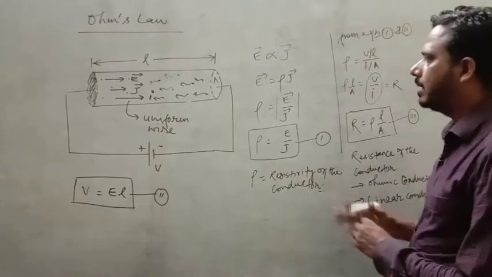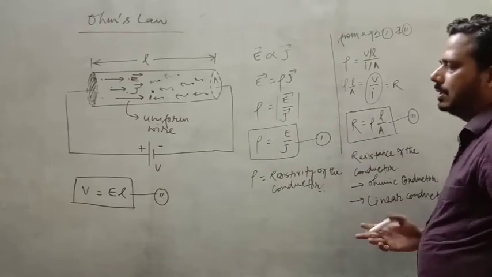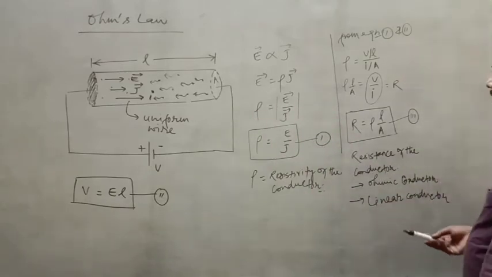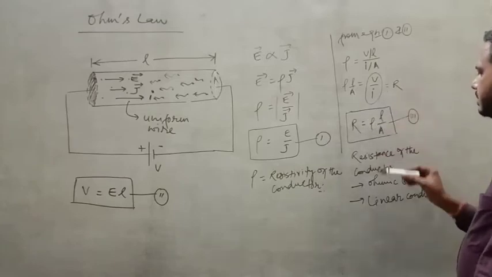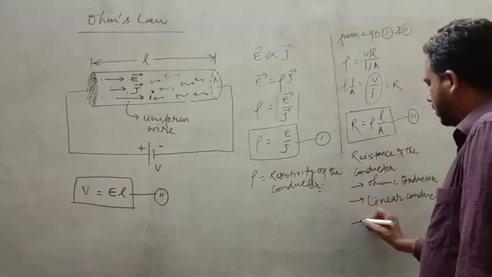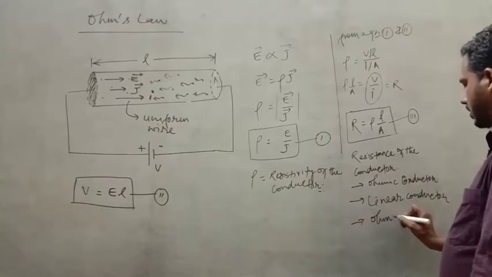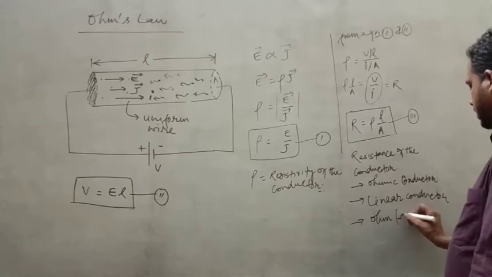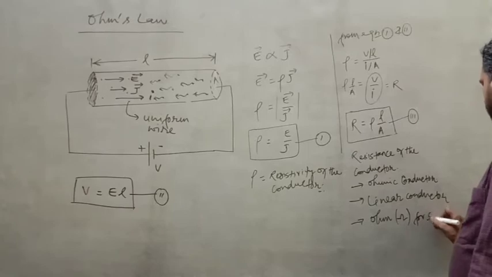Now apart from that, we can conclude more from this. According to Ohm's law, resistance is measured in ohm. This is the SI unit, represented by the ohm symbol, for the SI system.